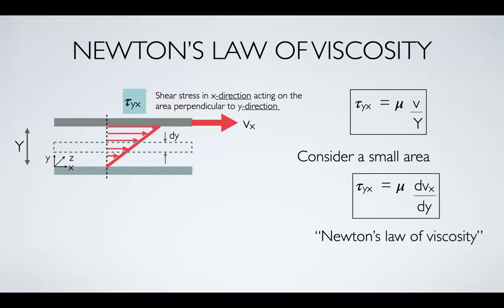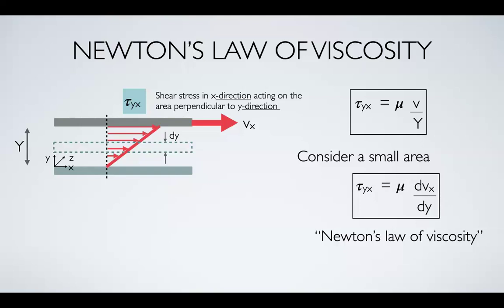And that is Newton's law of viscosity that we just derived. You might have seen this type of equation before; it's a part of the fluid mechanics class. So this is how it is derived.